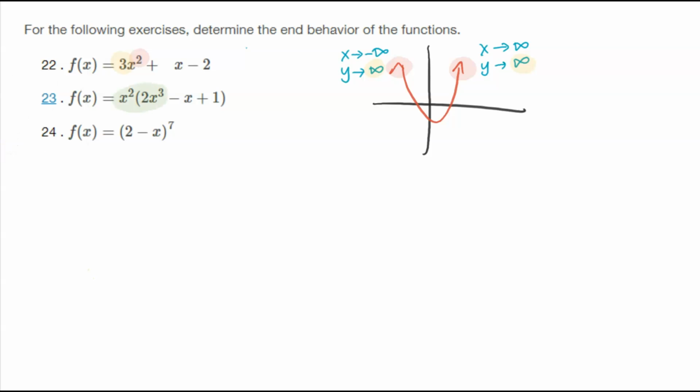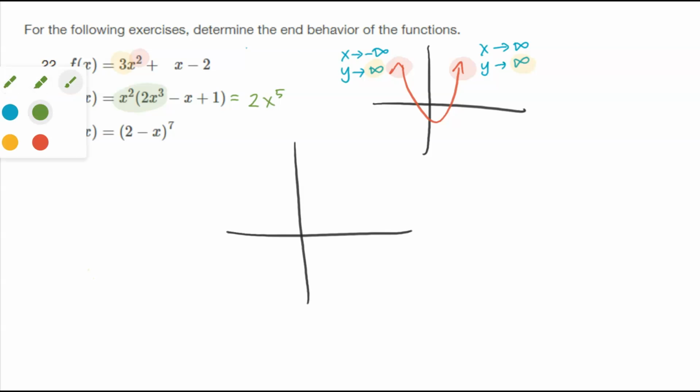All we'd have to do is distribute that x squared to everything. So hopefully we recognize that our leading term when we do that is going to end up with 2x to the fifth. So if we think about what that graph is going to look like, it's got an odd degree and it's a nice pretty positive. So we're going to have something that looks like this. There could be a bunch of stuff happening as long as it's smooth and actually a function.